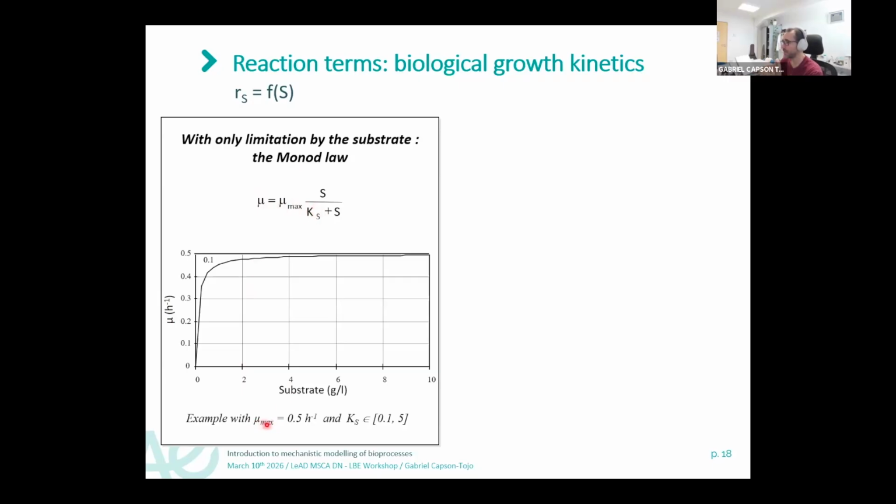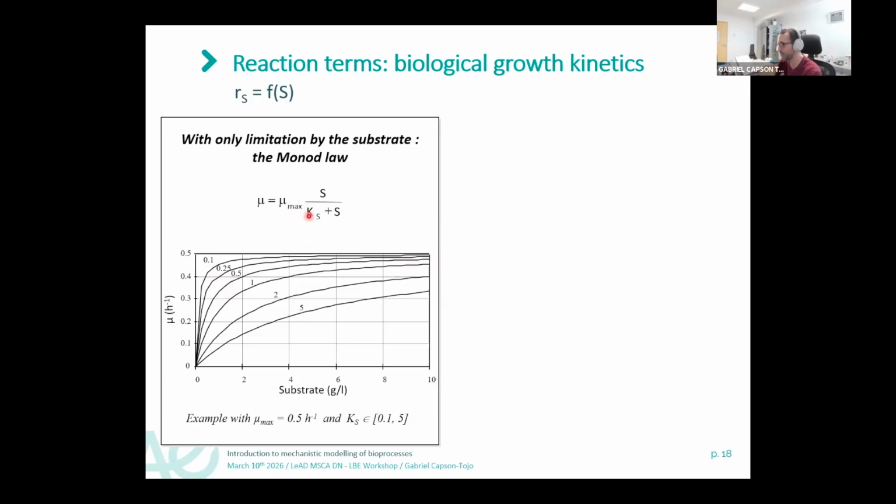Here, nu-max, so the maximum growth rate, is fixed to 0.5, and I'm going to be changing the Ks, so the saturation constant. And what you will see here is that as the value increases, of course, the asymptotic value, which is nu-max, is the same, but the behavior of the curve is totally different. The main reason for it is because while this parameter represents the maximum speed rate that a certain microorganism can get, what this parameter represents is how much substrate you need to get to that value.